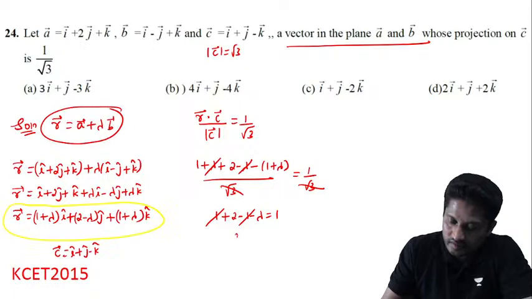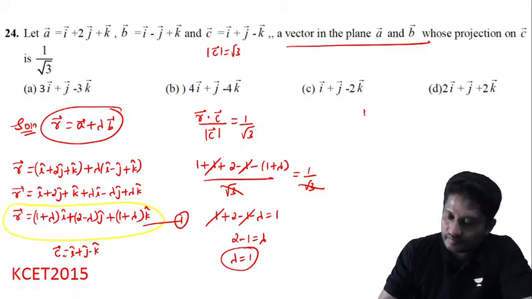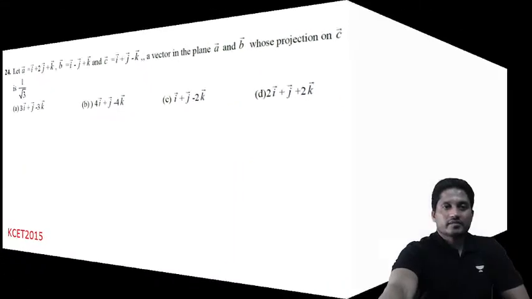Cancel this. 2 minus 1 is equal to lambda. Lambda is equal to 1. Now if I substitute in equation 1, vector r is equal to 2i plus j plus 2k. The answer is option C. Okay, let's move to the next question.